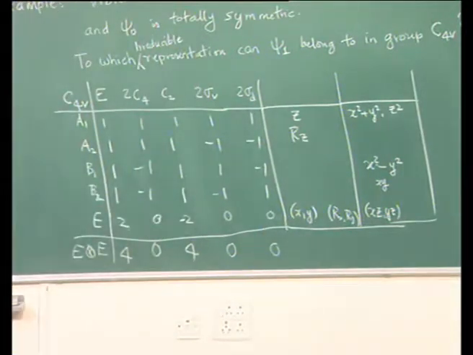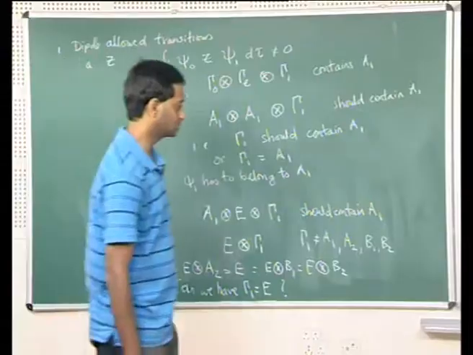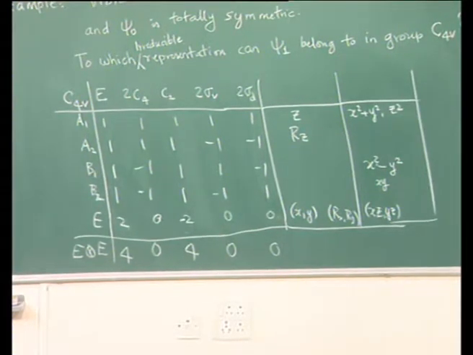Now the question is, does this contain the totally symmetric representation? Does E cross E contain A1? It's not hard, and this is where we use our earlier theorem.